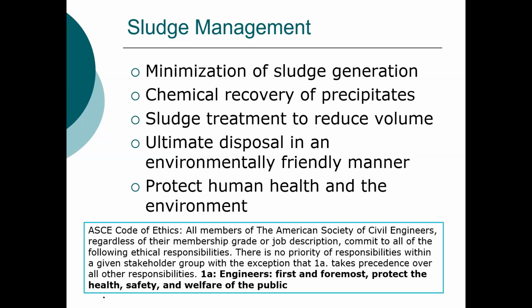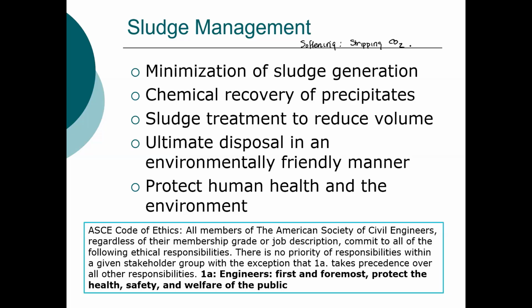With softening, how did we minimize sludge generation? What were some of the ways we talked about with softening? Talked about stripping the CO2. So if our CO2 levels in our groundwater were too high, we aerate to remove that CO2. Why?